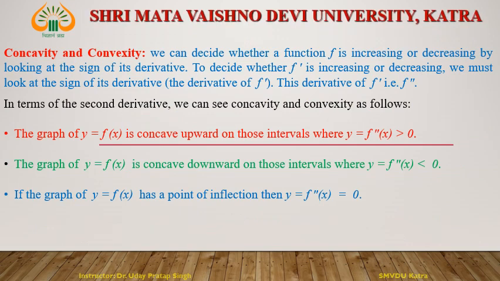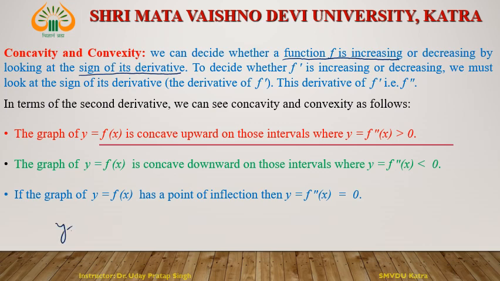Now concavity or convexity, we check this property by the second derivative of the function. If y is equal to f(x) is given, this function is increasing or decreasing by looking at the sign of its derivative, right?